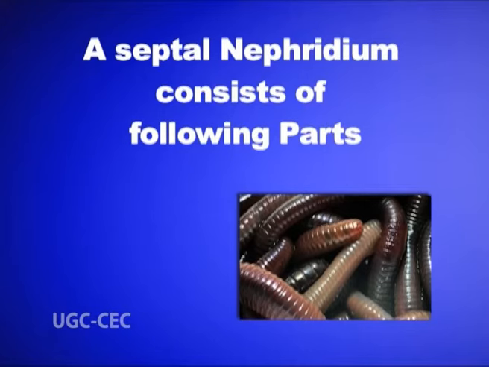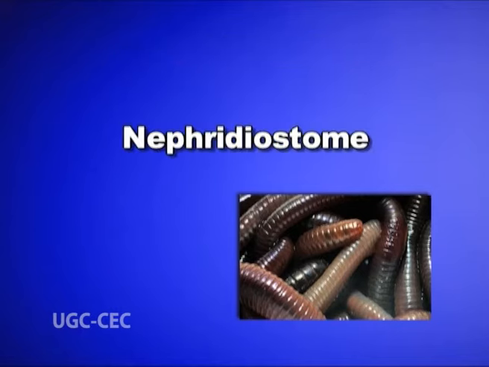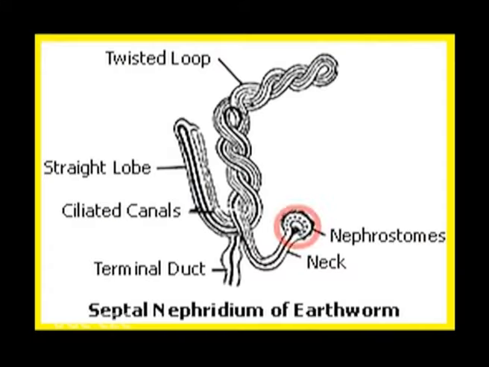A septal nephridium consists of the following parts: Nephridiostome. It is the expanded, rounded and funnel-shaped terminal part of the nephridium which opens into the body cavity, that is coelom. Main body.